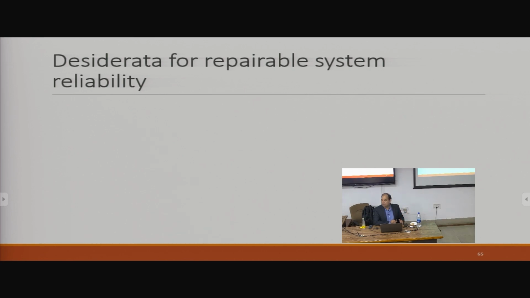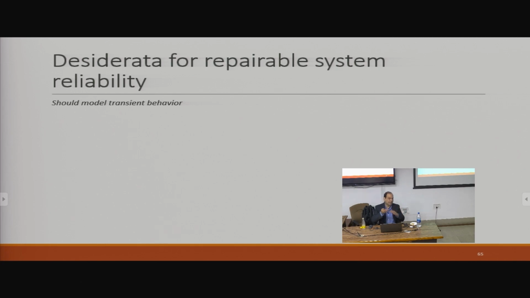Okay. So we said, what properties should such a metric or set of metrics have? Okay. So first and foremost, we talked about this in the last slide, it should model transient behavior. Okay, so I have a repairable system. I want to come up with a metric that generalizes MTTF and availability, and I should be able to model transient behavior, like what happens in the beginning, right?